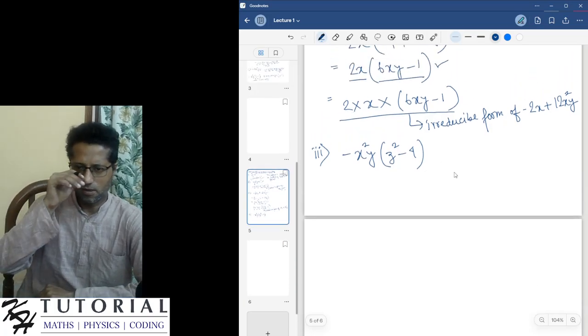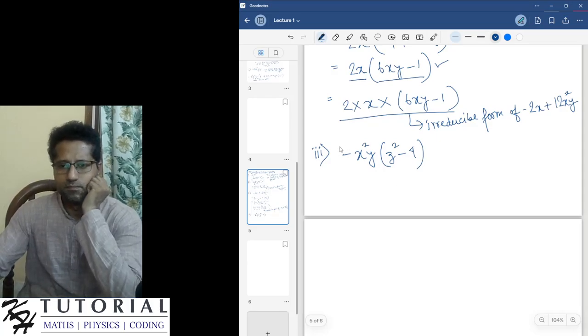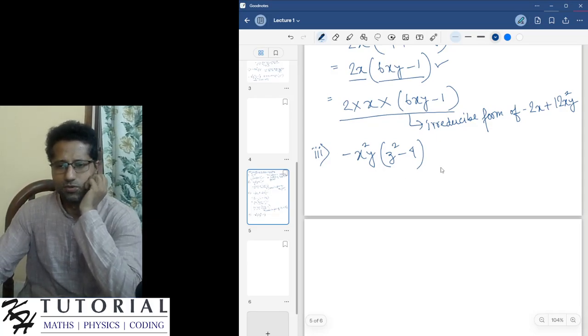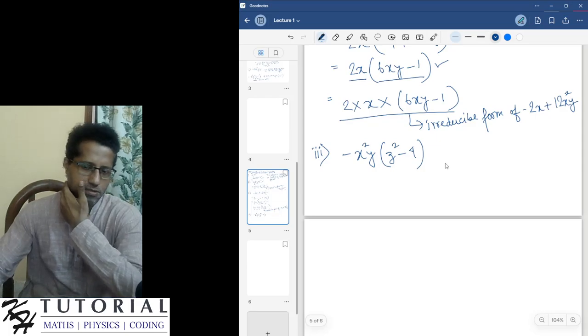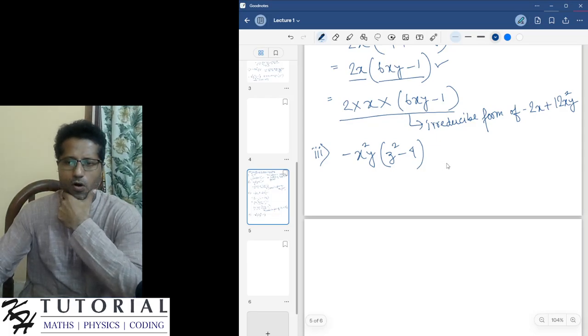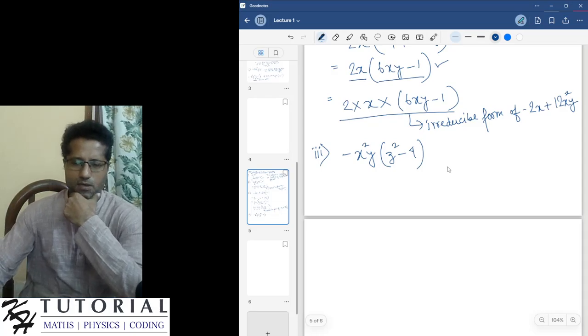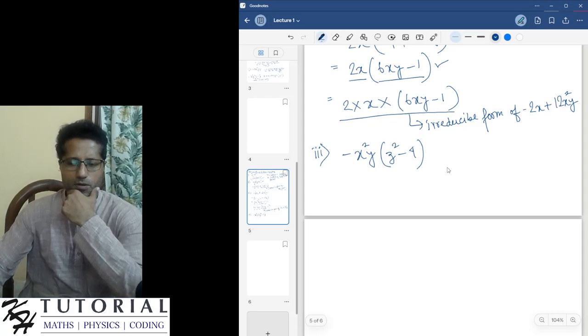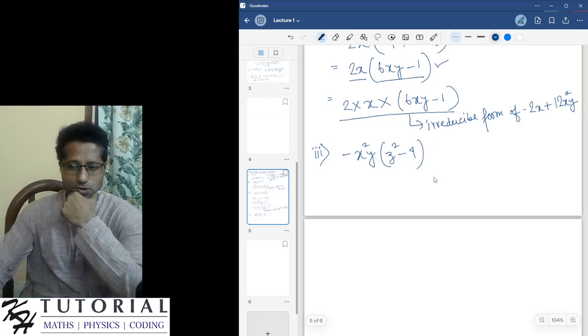Let's say this is the factorized form of an algebraic expression. Now, can we say that this algebraic expression is in irreducible form?